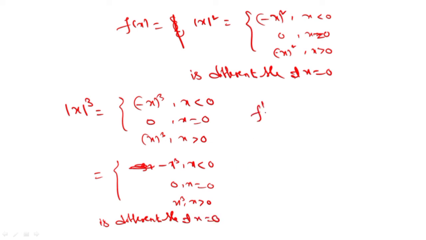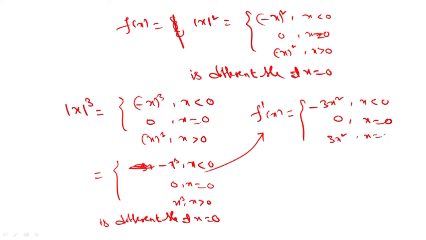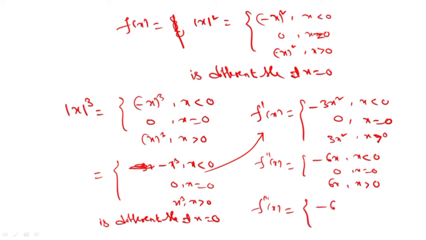And f dash, the derivative of this, will be minus 3x square for x less than 0, 0 for x equal to 0, 3x square for x greater than 0. F double dash will be minus 6x for x less than 0, 0 for x equal to 0, plus 6x for x greater than 0. F triple dash will be minus 6 for x less than 0, 0 for x equal to 0, 6 for x greater than 0.